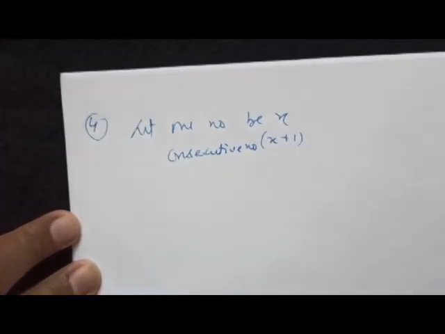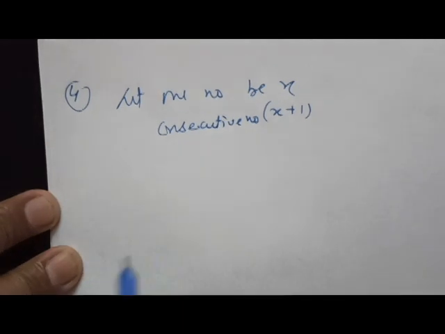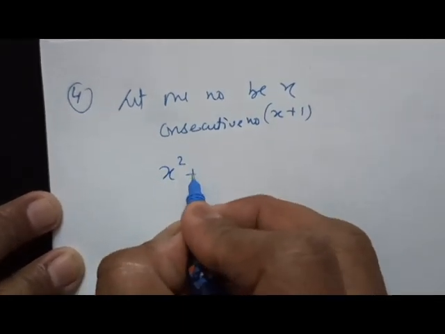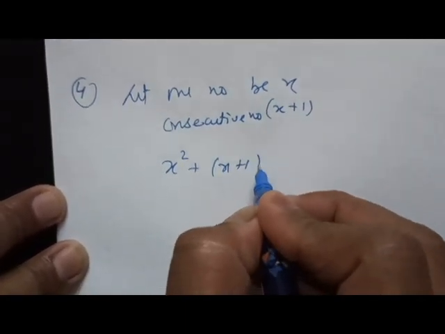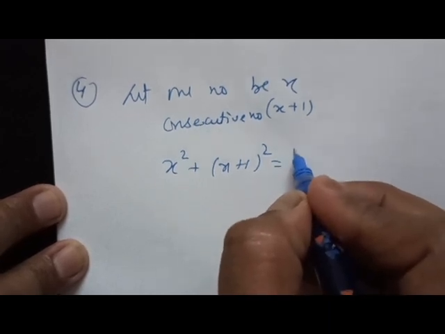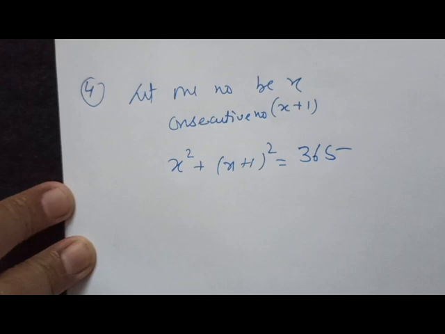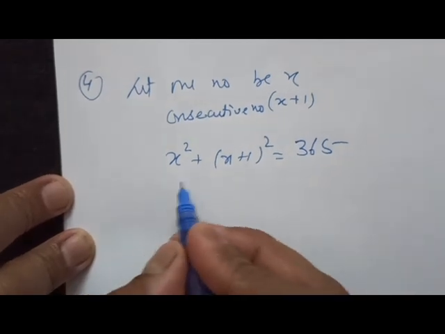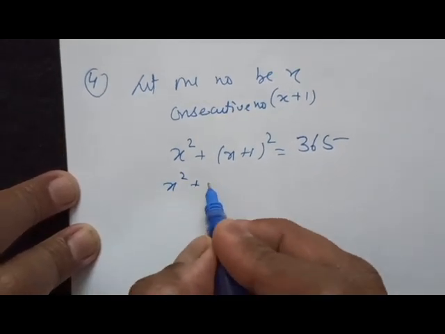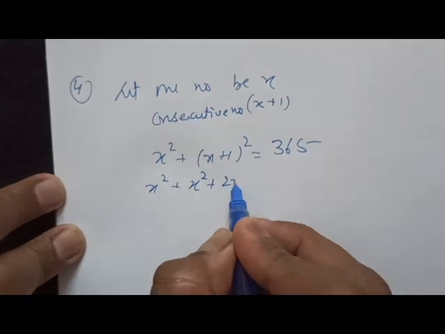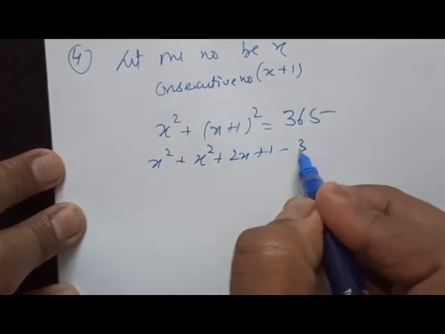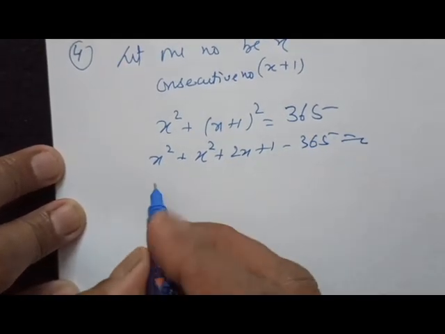Now they are talking about the sum of their squares. So x square plus x plus 1 square is equal to 365. Now students, let us open the brackets. X square plus 2x plus 1 minus 365 is equal to 0.